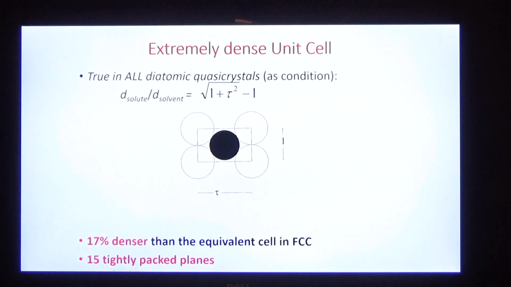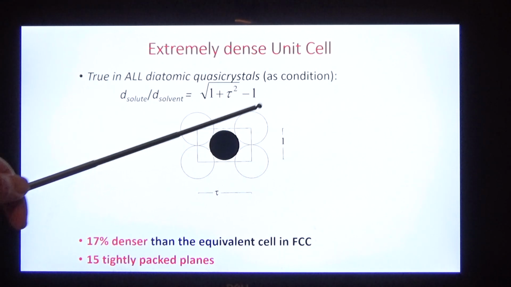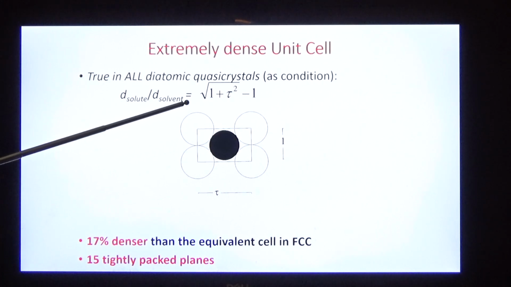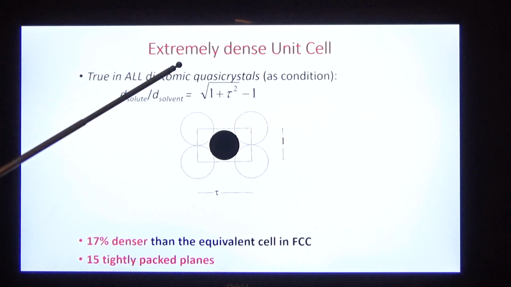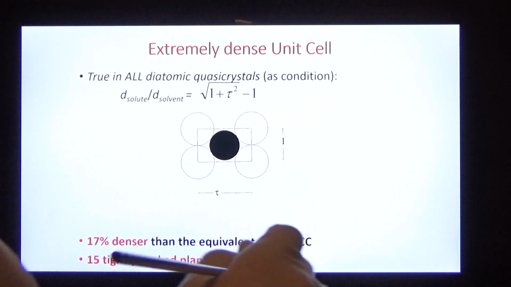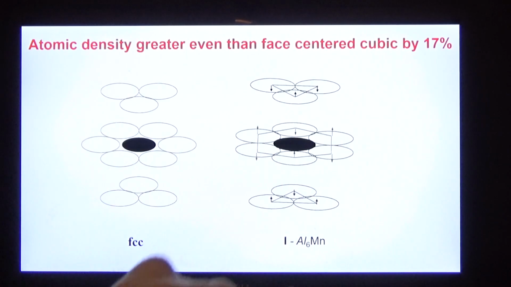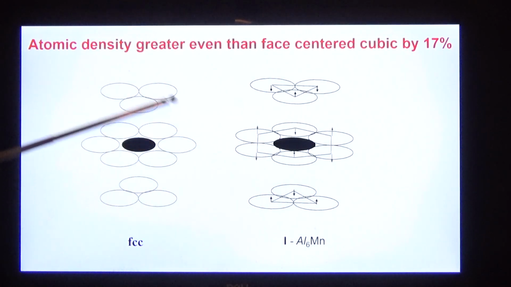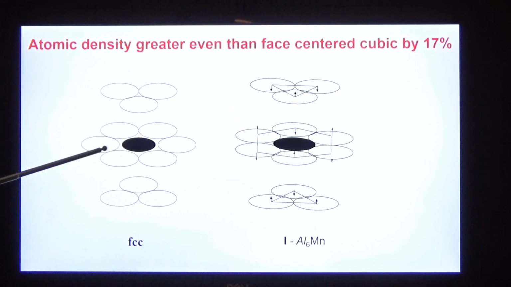I can say that for many reasons; I give you 2. It is the truth that in all diatomic quasi-crystals, the ratio of the solute diameter to the solvent diameter has the same number. And why is that? Take the case of the second phase that I just showed you.